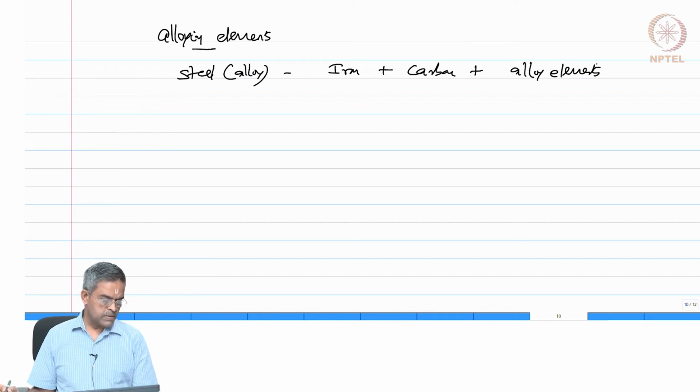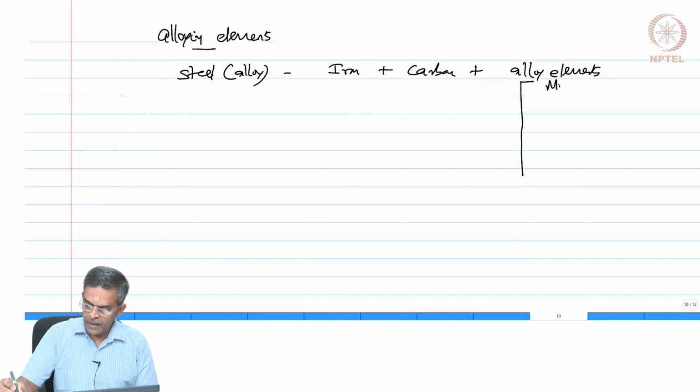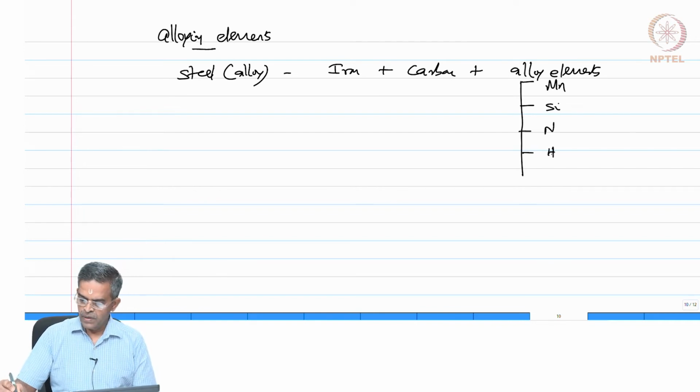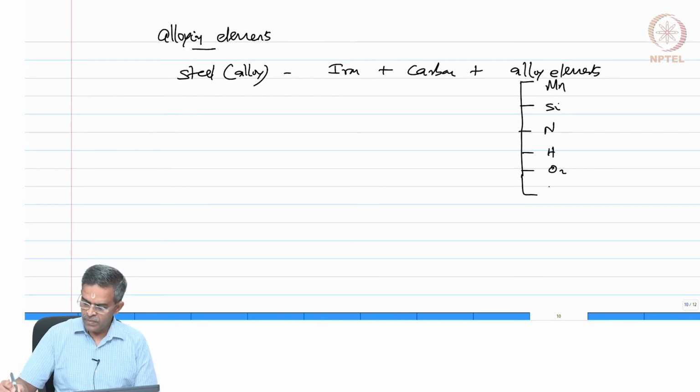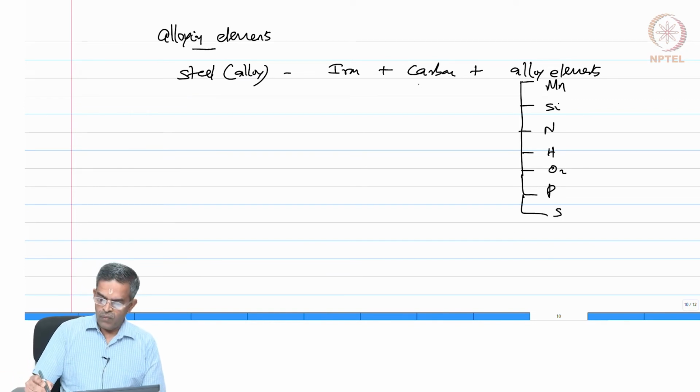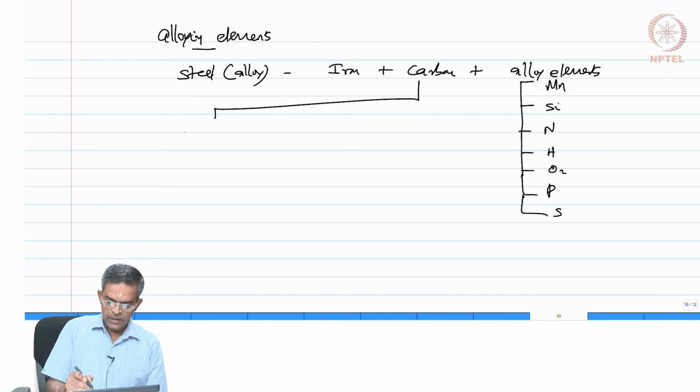These alloying elements are essentially manganese, silicon, nitrogen, hydrogen, oxygen, etc. Phosphor, sulfur, etc. Now, with respect to carbon, it increases toughness, yield strength.